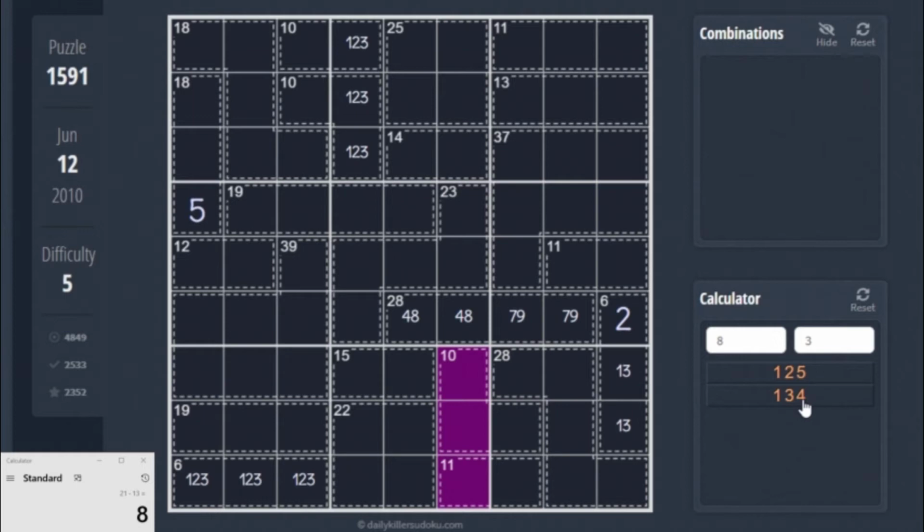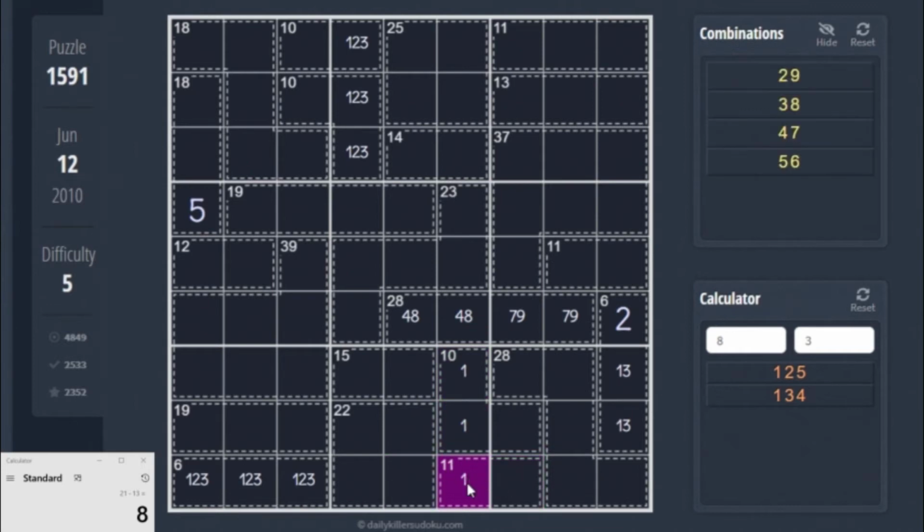What information can we use? We know that the number 1 is going to be in one of these three cells, but I don't know which one. It can be here, here, or here. However, we know that this cage is going to be 11, right?